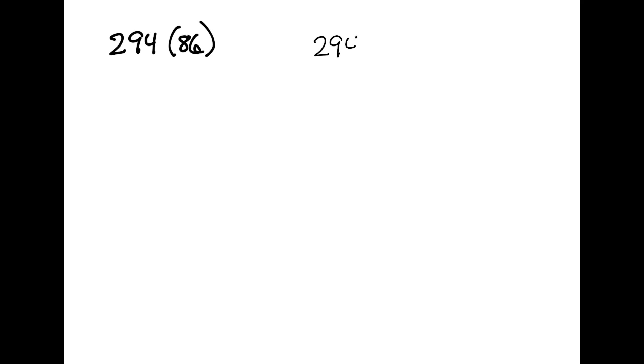I'm going to put the long one on the top, short one on the bottom, and multiply. Okay, so multiplying the 6 by everything. So 6 times 4 is 24, carry 2. 6 times 9 is 54, add 2 is 56. 6 times 2 is 12, add the 5 is 17.